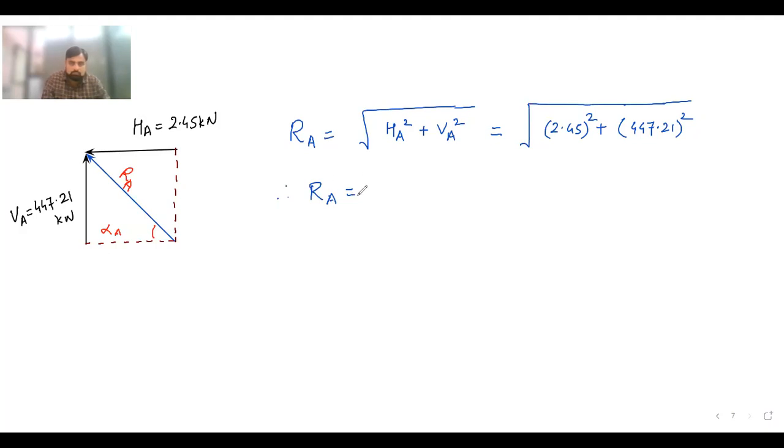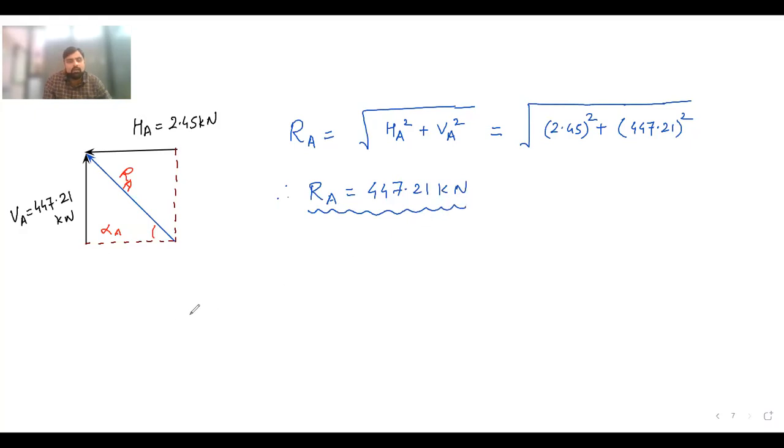The answer came out to be just 447.21. Have you solved it correctly? Yes. 2.45 square plus 447.21 square; 447.21 is a big quantity, so it is not getting affected. So the answer is 447.21 kilonewton. This is your RA.